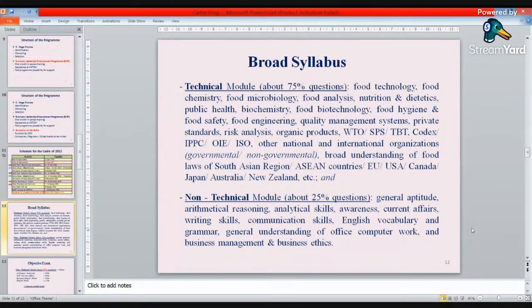There are several international non-governmental organizations that are working globally. More than almost 170 of them. They also need people like you.